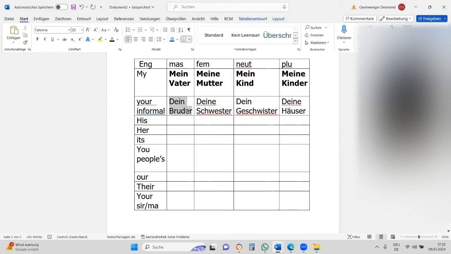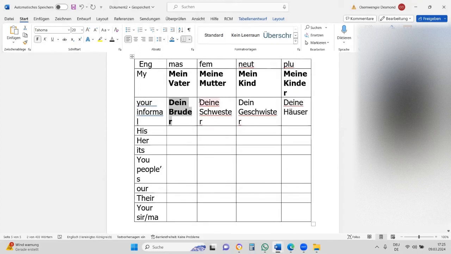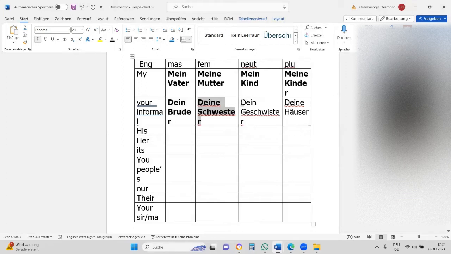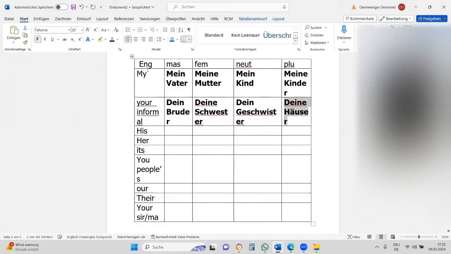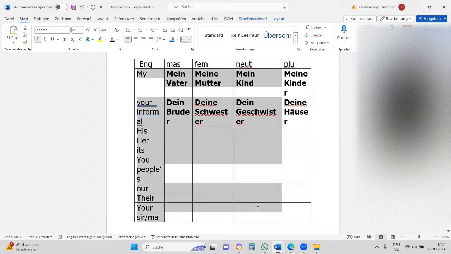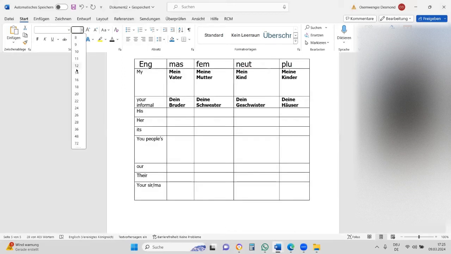So dein Bruder, deine Schwester, deine Geschwister. I'm going to reduce the font to make it more readable. Good, I think this is better.